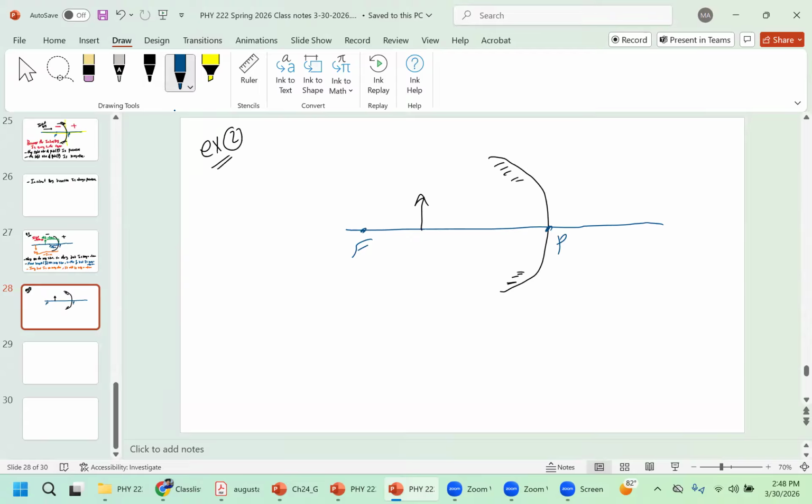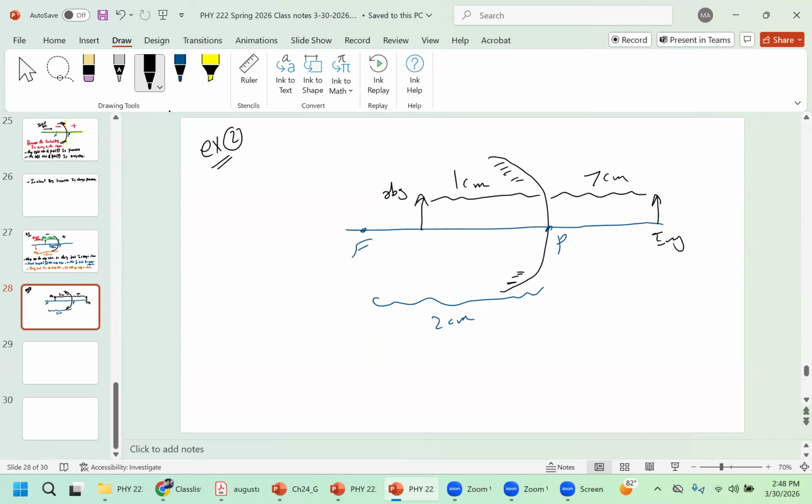Let's say the focus is 2 centimeters. My object distance from the pole is 1 centimeter, and let's say my image forms over here, and this is going to be, let's say, 7 centimeters. Oh, I'm sorry, I flipped them over, didn't I?